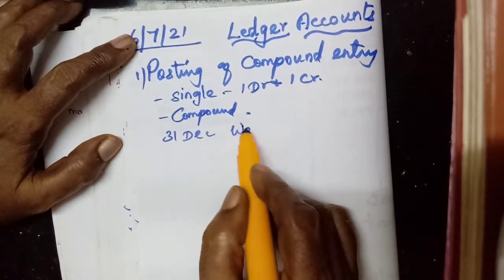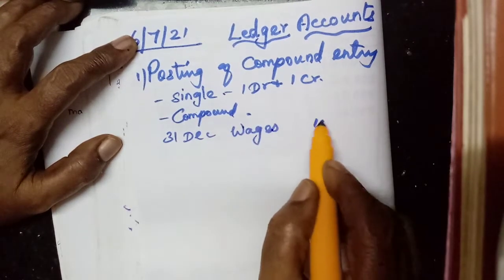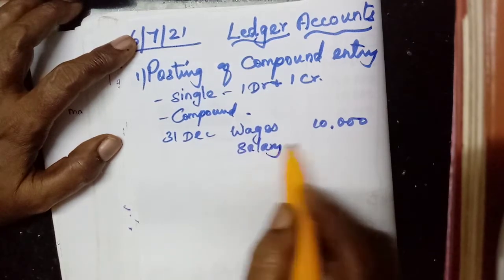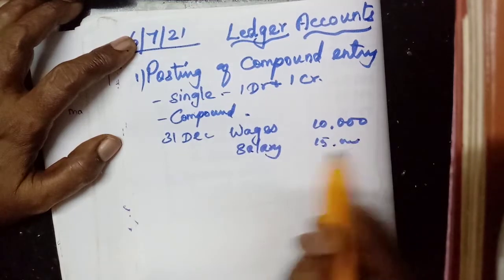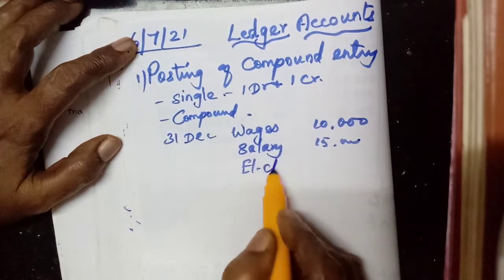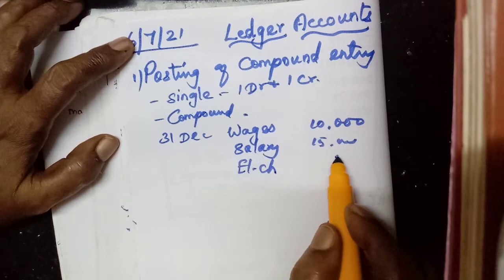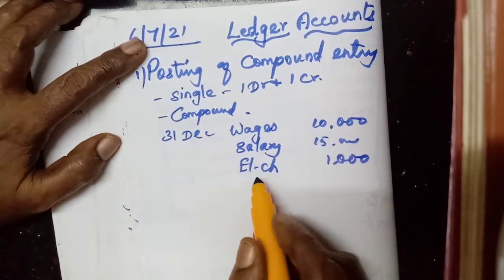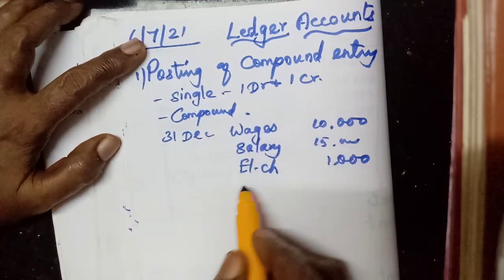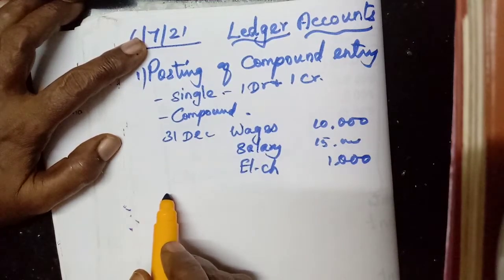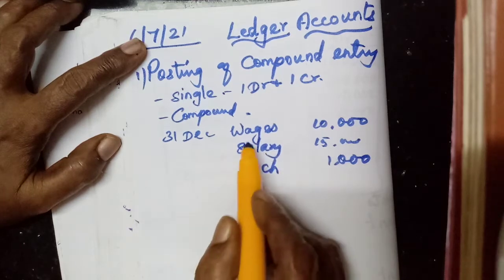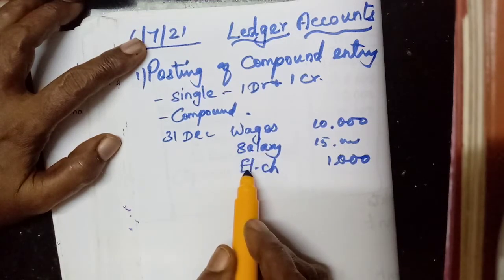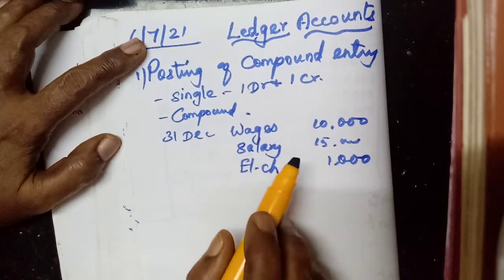We are paying wages 10,000, then salary 15,000, then electricity charges 1,000. So now three expenses the same day we are paying. Here all are of the same nature, all expenses we are paying using cash.